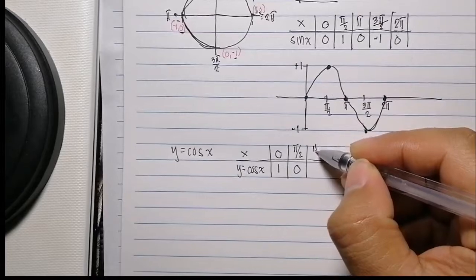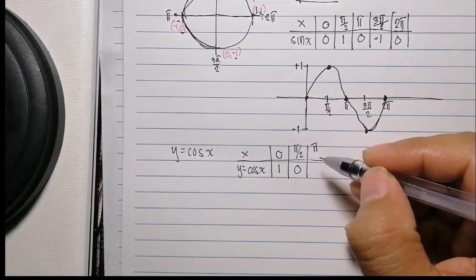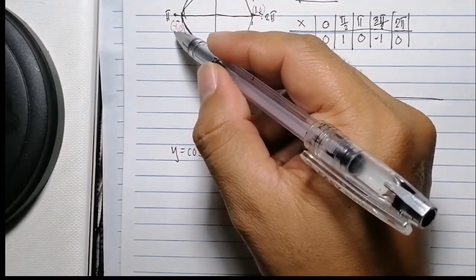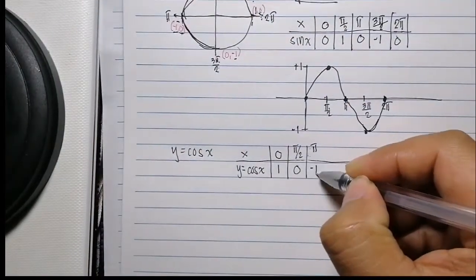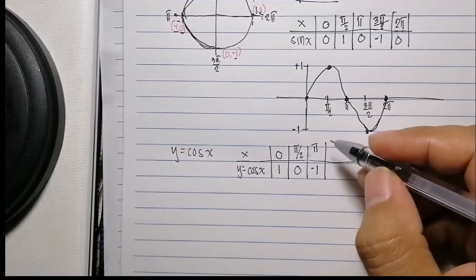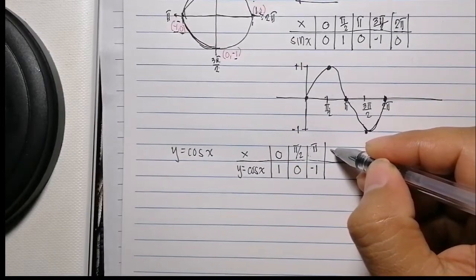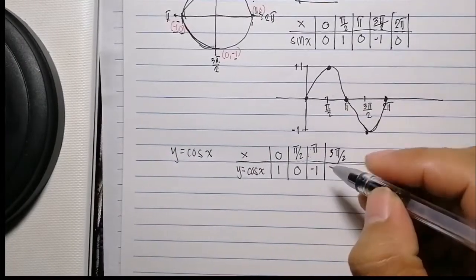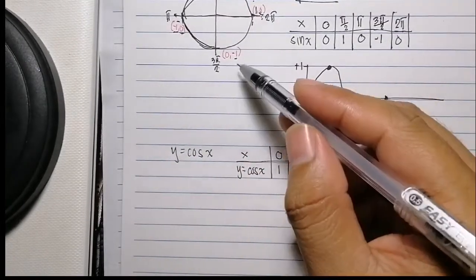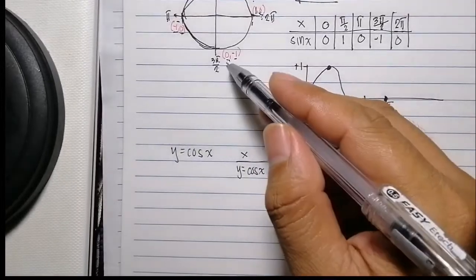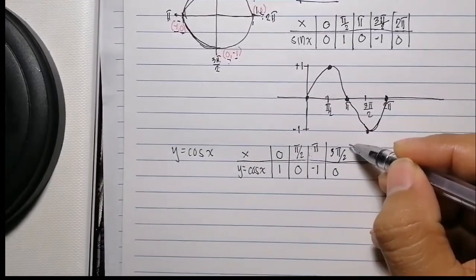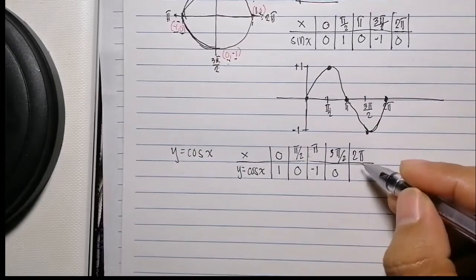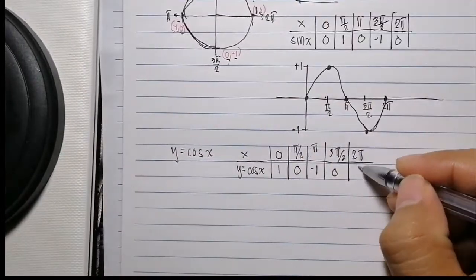If your x is equal to pi, then your cosine is equal to negative 1. If x is equal to 3 pi over 2, then cosine is equal to 0. Then 2 pi, cosine is equal to 1.